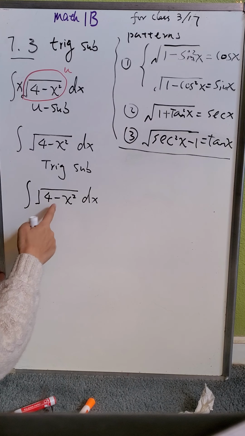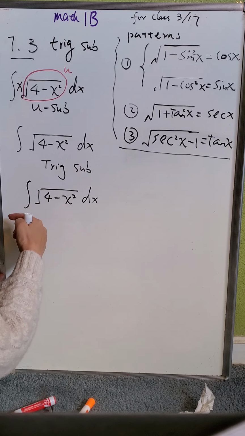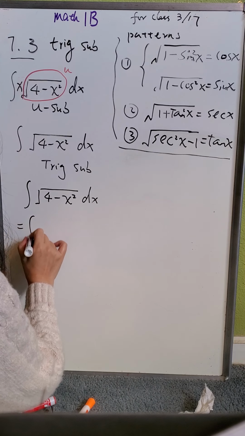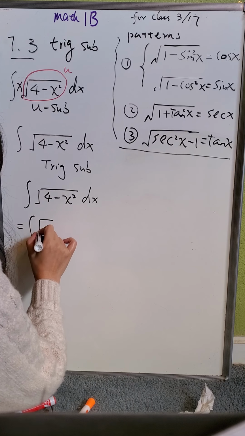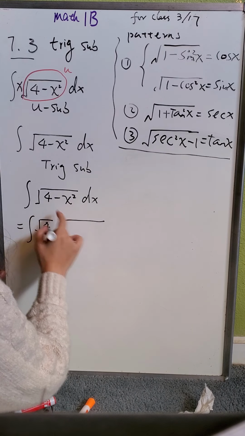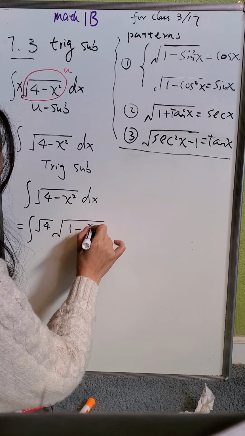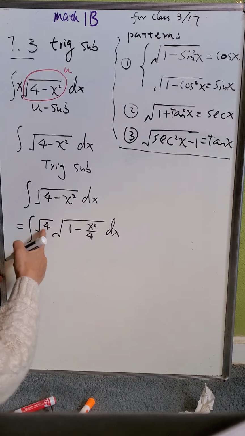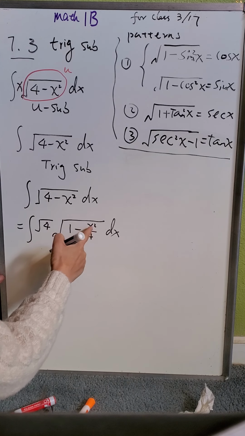So how should I do that? I'm going to factor out the 4. I factor the 4 outside, and then I will have 1 minus x squared over 4, dx.